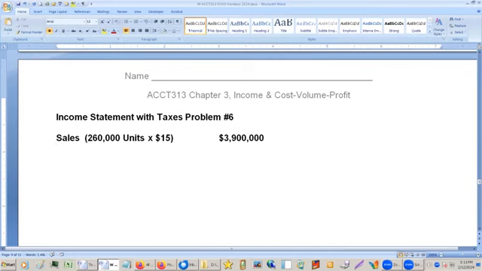Thousand. Our variable costs will be the 2 million, or excuse me, 260,000.